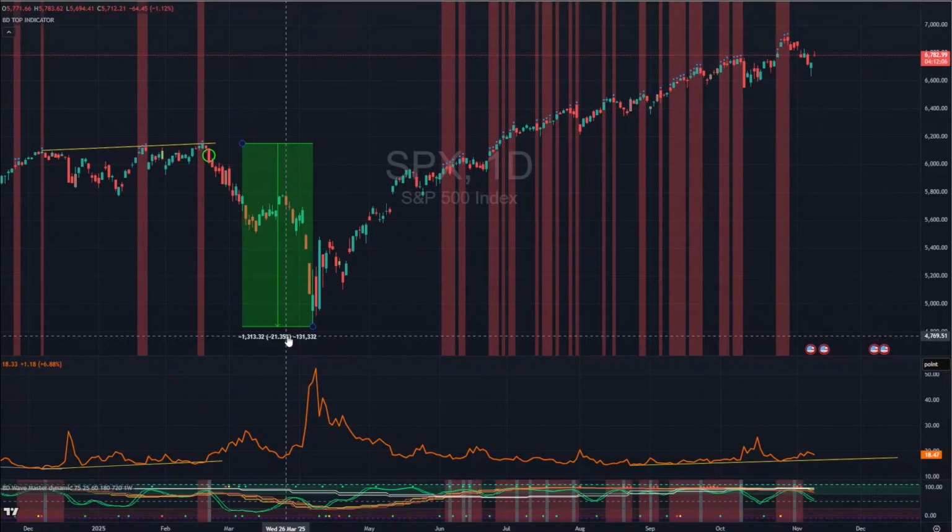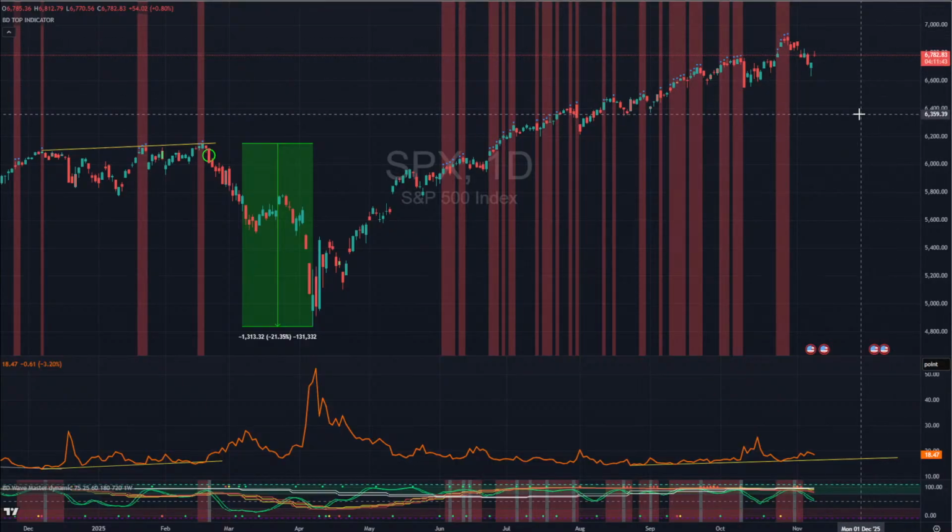And so what we're again looking for now is the fact that we have a very similar setup to what the S&P 500 looked like basically a year ago, right? Going into the end of 2024 into the beginning of 2025. Now here we are at the end of 2025 and moving into the beginning of 2026.